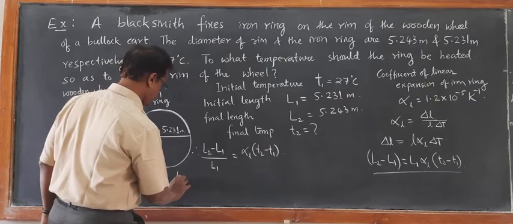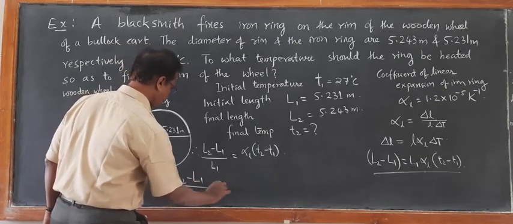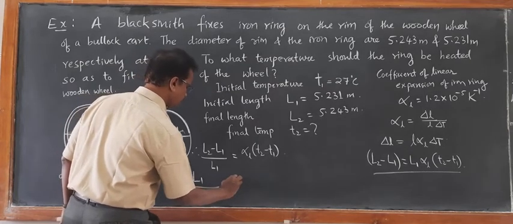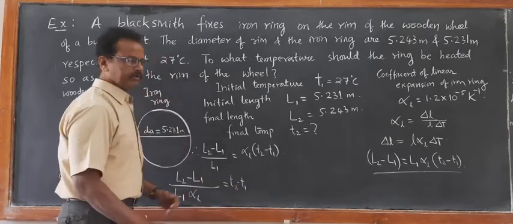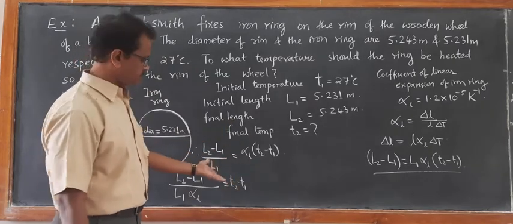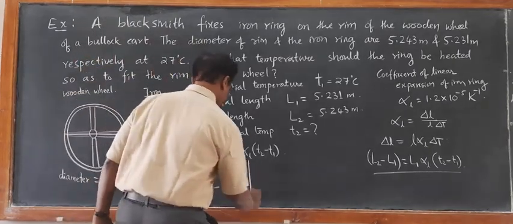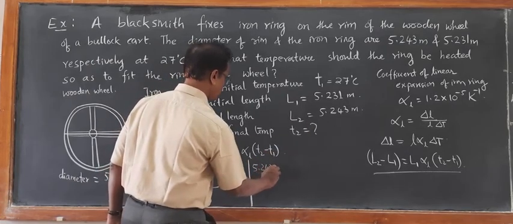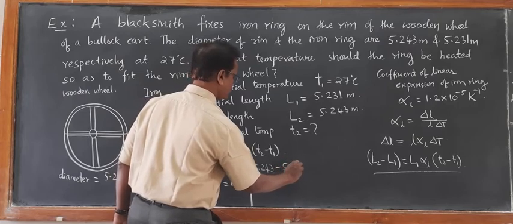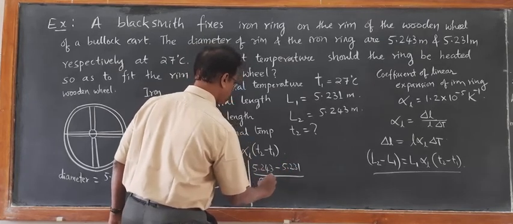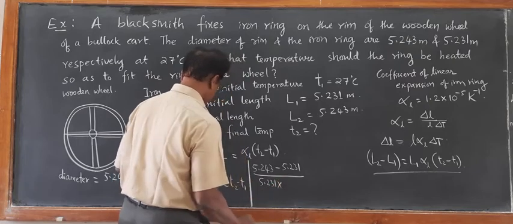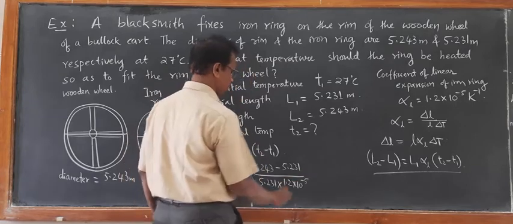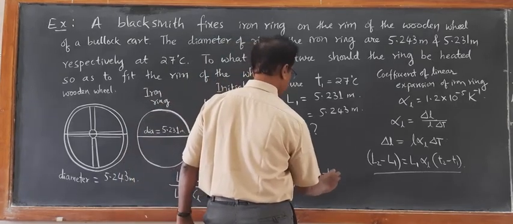So L2 minus L1 divided by L1 into alpha L is equal to T2 minus T1. So we can calculate T2 minus T1, and later on T2. Substituting, 5.243 minus 5.231 whole divided by 5.231 into alpha L, 1.2 into 10 raised to minus 5, is equal to T2 minus T1.